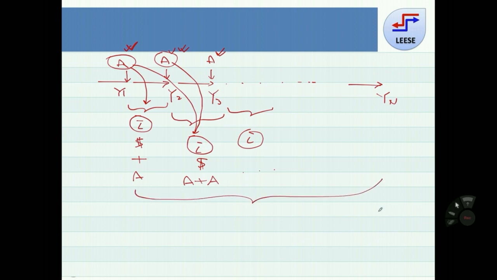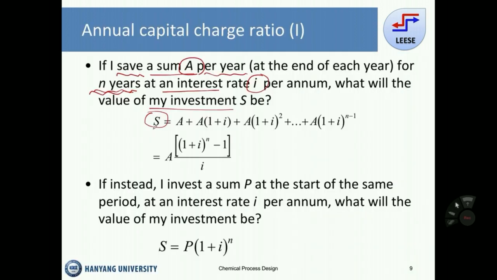So that will be summed up as S. So that is the S, okay? So in the first year, second year, third year, nth year, that is the interest rate given to the money, okay? So that is saved at the end of the last year.